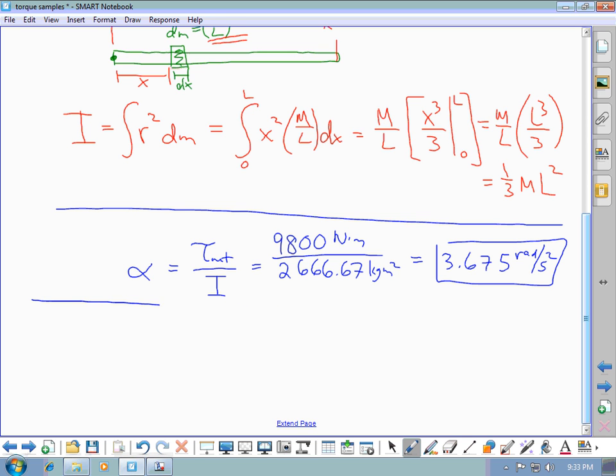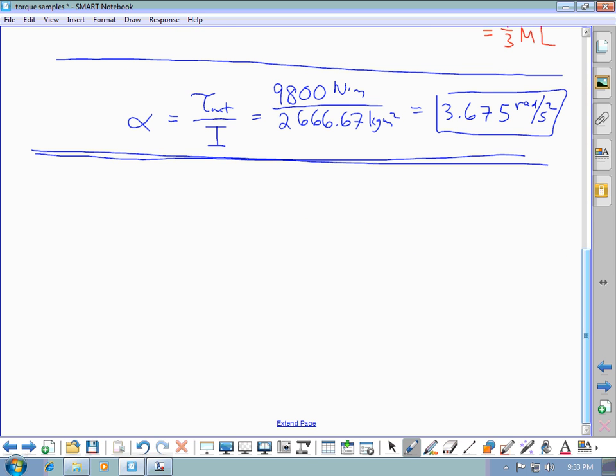Now, I said that if we look at a problem like this, as this beam starts to swing down, the angular acceleration changes. Just to show that, let's say that this beam has swung down at an angle of 30 degrees.